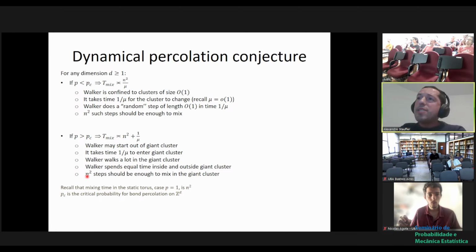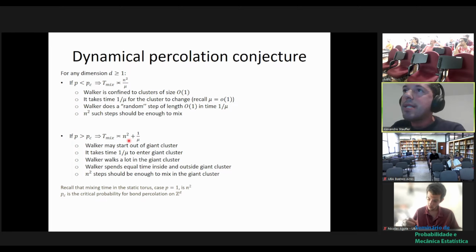So we expect that n square steps inside the giant should be enough to mix. This requires n square steps overall after you enter the giant, but it took you 1/mu to enter the giant. So you pay 1/mu to enter the giant, but then only n square more steps to actually mix in the whole torus. Okay.